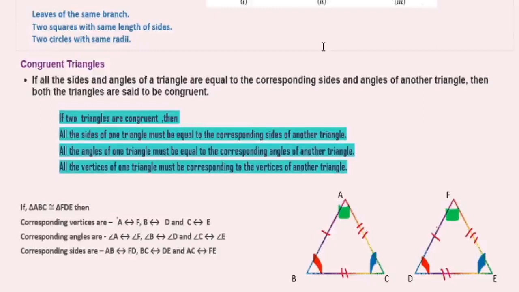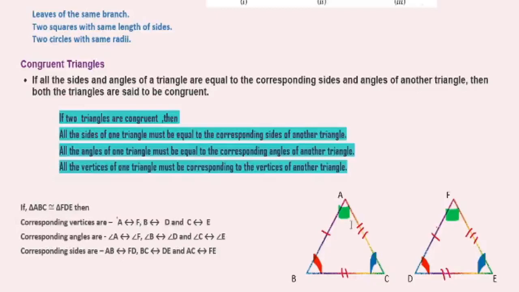That means if two triangles are congruent, then all the sides of one triangle must be equal to the corresponding sides of another triangle. And secondly, all the angles of one triangle must be equal to corresponding angles of another triangle. And third, all the vertices of one triangle must be corresponding to the vertices of another triangle.